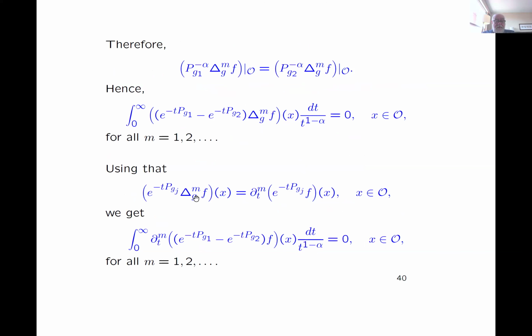And then we use the fact that any power of the operator is simply the time derivative of the heat equation, and then you just integrate by parts. Of course, we need the decay of the heat kernels at infinity, and we need to check that everything works at 0.